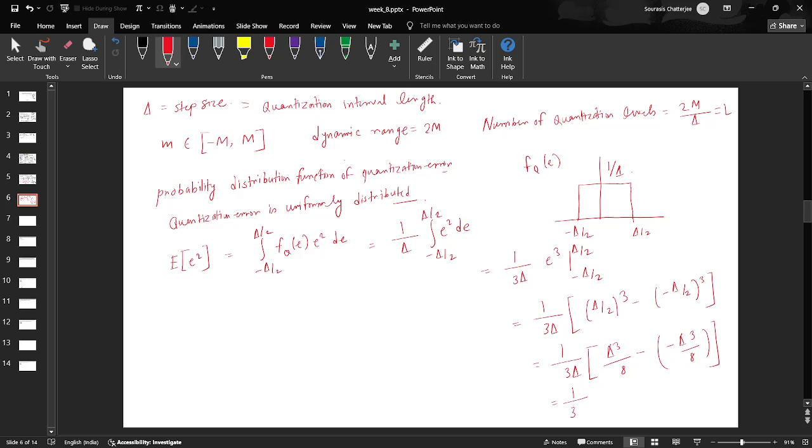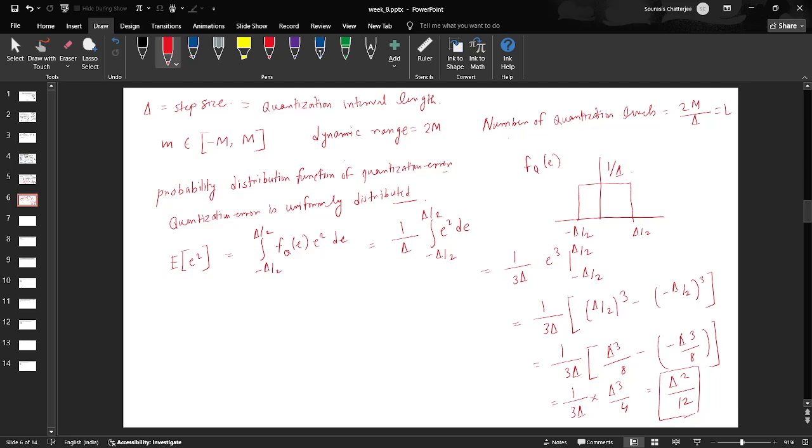So we have 1 over 3 delta into delta cube over 4, that means delta square over 12. So this is the statistics of the squared value of error.